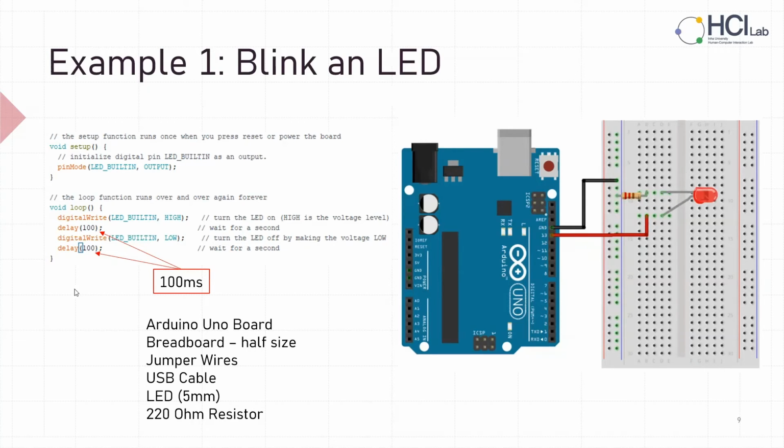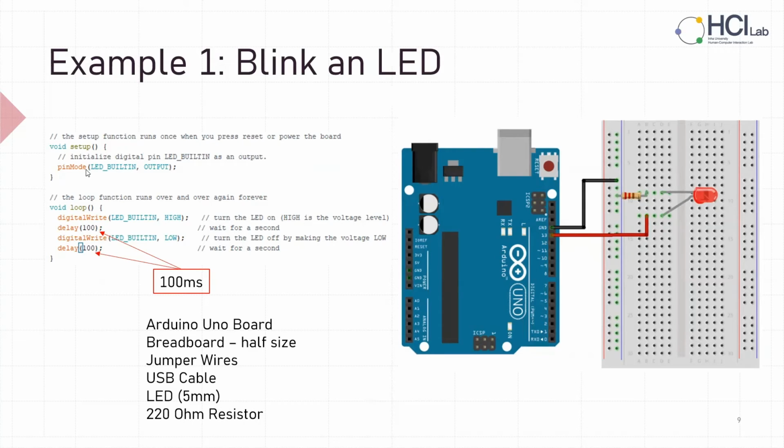So what is this? First one is the setup function, which runs once when you press reset or power the board. In this setup function, we initialize our digital pin as an output.